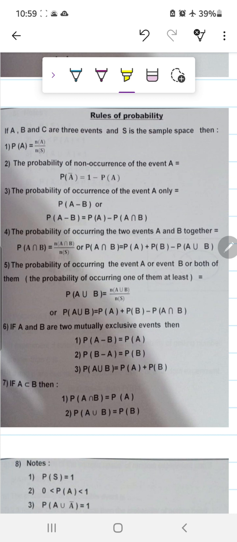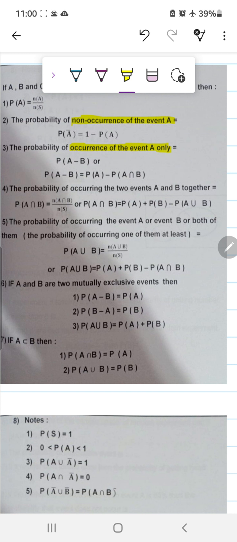Next, the probability of non-occurrence of the event A: we call it the complement, A dash, which is 1 minus probability of A. And the probability of occurrence of the event A only means A minus B, and as we said before, A minus B equals probability of A minus the intersection.